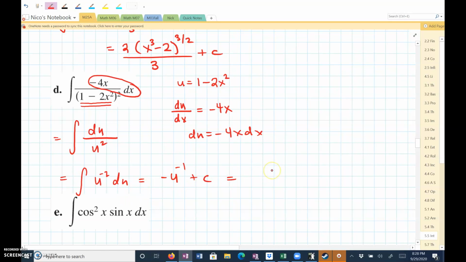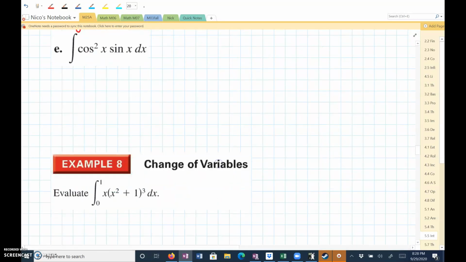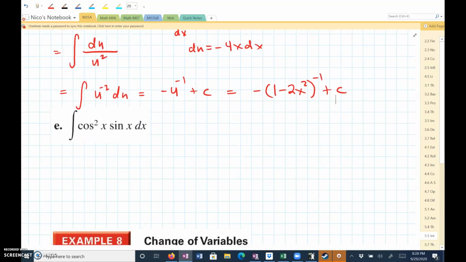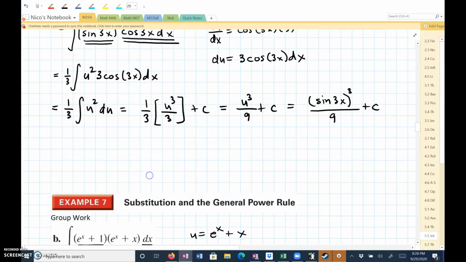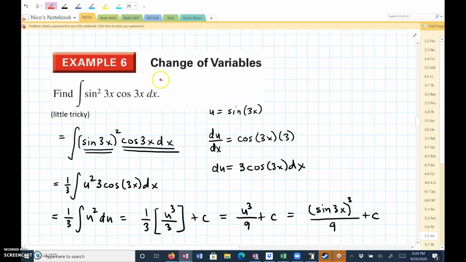So this will be negative u, which is 1 minus 2x squared to the negative first, plus c. I'm going to skip this one. It's so similar to this one up here, but easier.